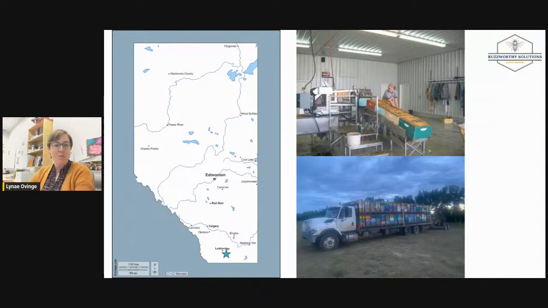So never talked to beekeepers from Manitoba before, and so I'll let you know a little bit about me. I'm a little bit rare as a bee researcher in that I began in commercial beekeeping. So this is a picture of me. Jerry Pullman is a beekeeper near Fort Macleod. So I put the star there where it is on the Alberta map. And this is me at his uncapper line when I was much younger.